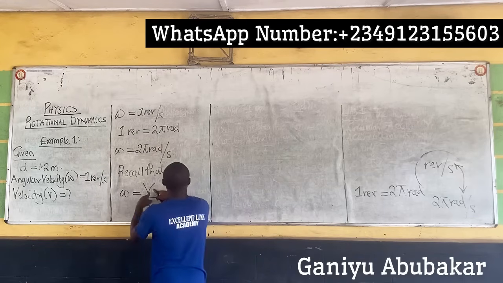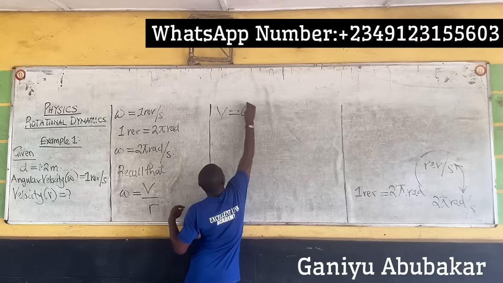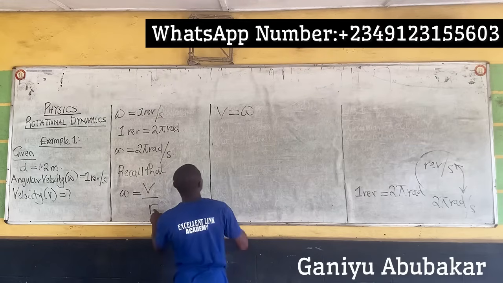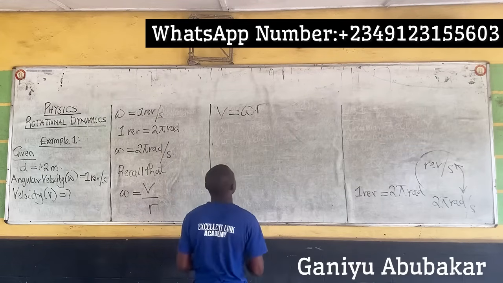I'll have to multiply, so V should be equal to angular velocity times R.